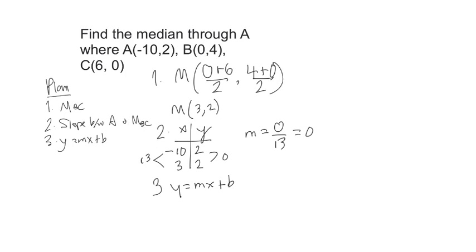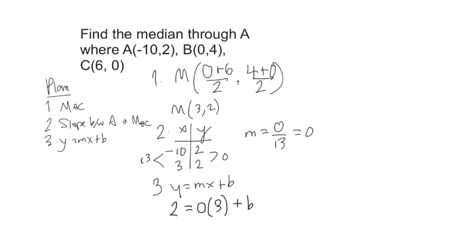Okay, so again, I have to choose a point. One of the points on the line, my choices are, I can use the point A, or I can use the point M, the midpoint. Doesn't matter, but I'm going to use the midpoint just because why not? So my y will be 2, my slope will be 0, my x will be 3, and my b will be unknown.